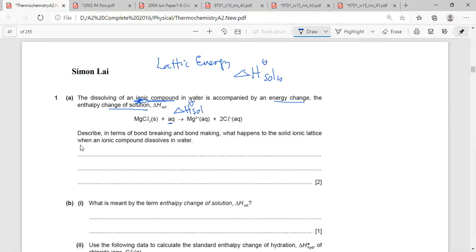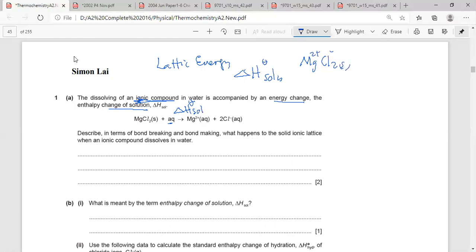So they say, describe in terms of bond breaking and bond making what happens to the solid ionic lattice when the ionic compound is put in water, 2 marks. Now let me show you here. Of course, it's MgCl2, Mg 2 plus, and that is solid.